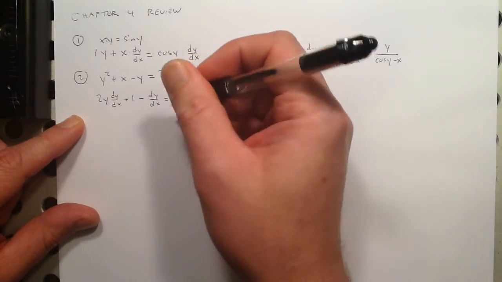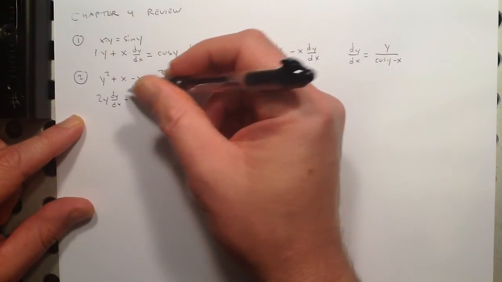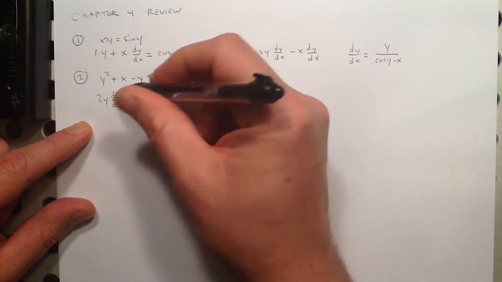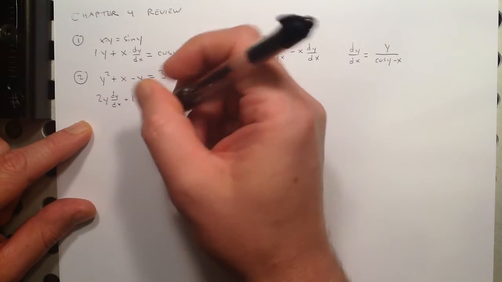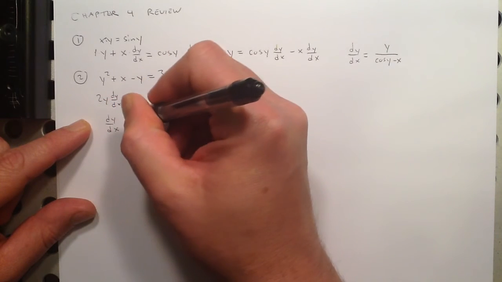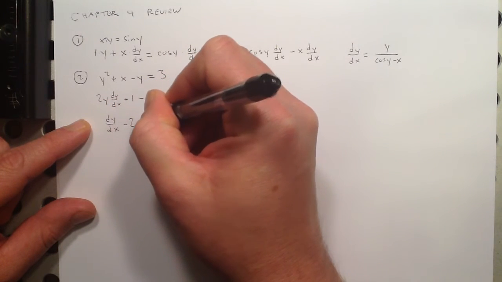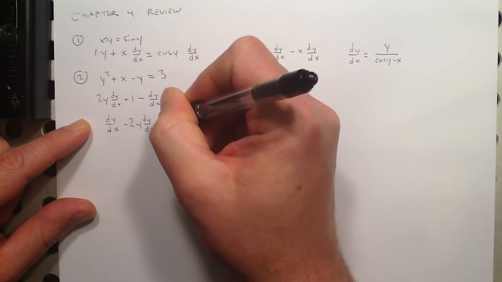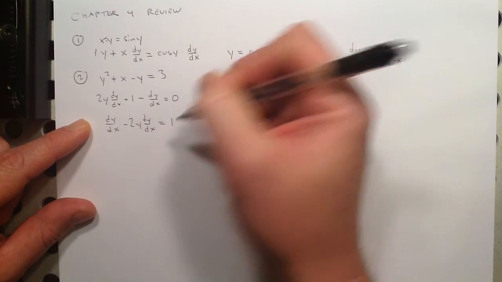So moving things around, just to keep more positives than negatives, I'm going to move those things to the other side. So that gives me dy dx minus 2y dy dx is equal to 1.